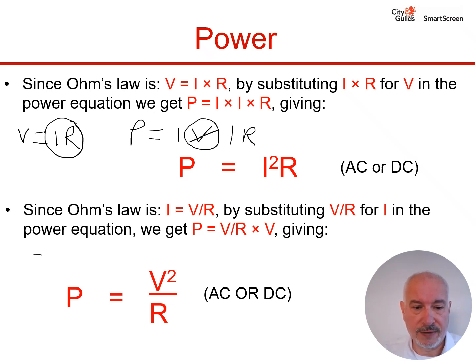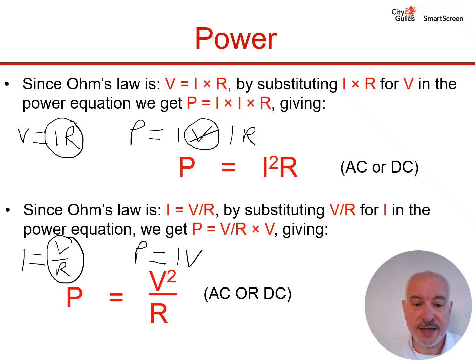So just to follow the process with me again, if you look at the Ohm's law formula, I equals V over R. That's Ohm's law, and we're going to take that V over R, because that is the same as I. We're going to take that and drop it into the power formula in place of something else. So the power formula was P equals IV.